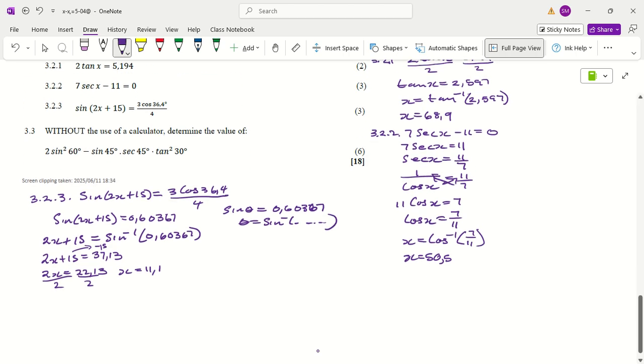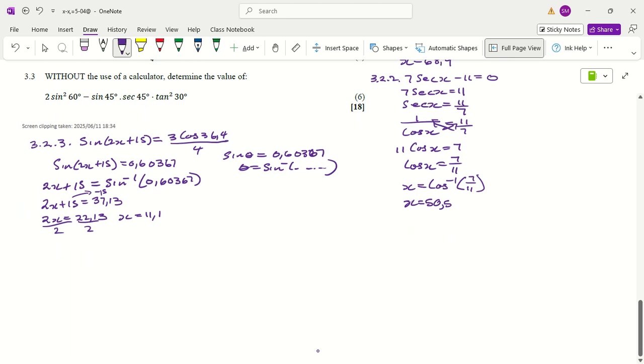The next question, 3.3. It says, without the use of a calculator, determine the value of 2 sine squared 60 minus sine 45 times sec 45 times tan squared 30.